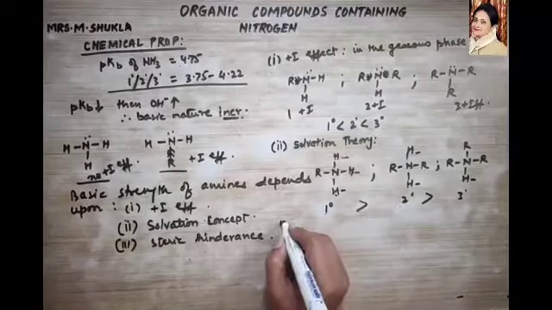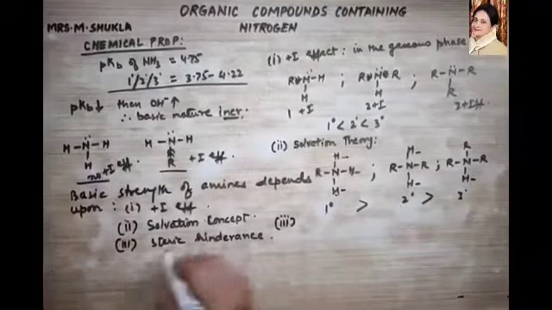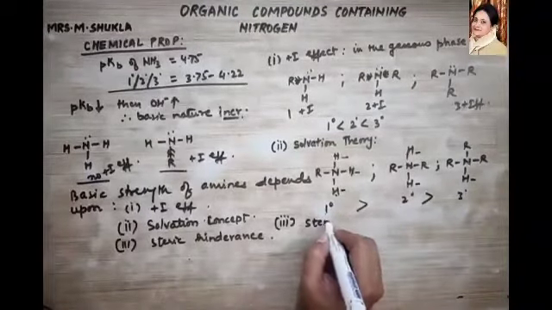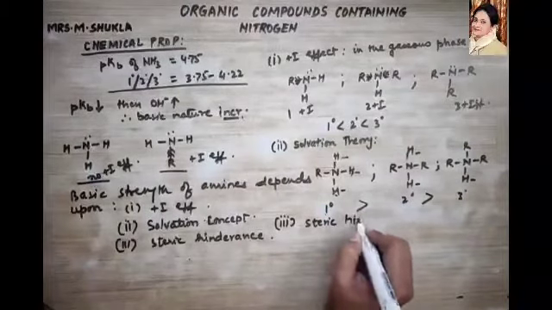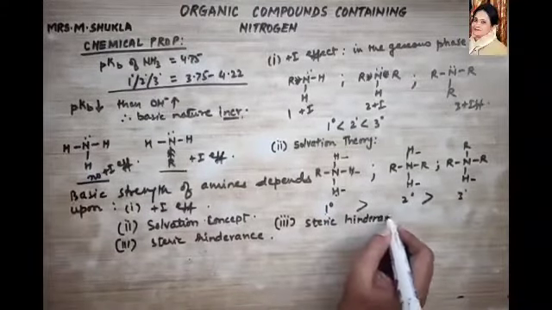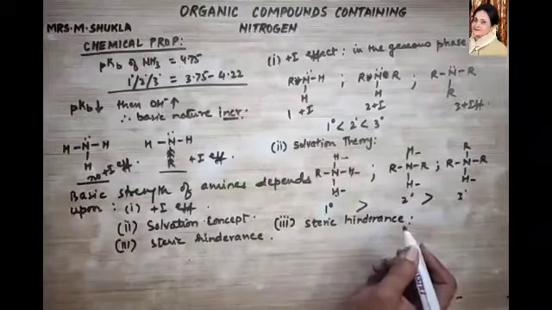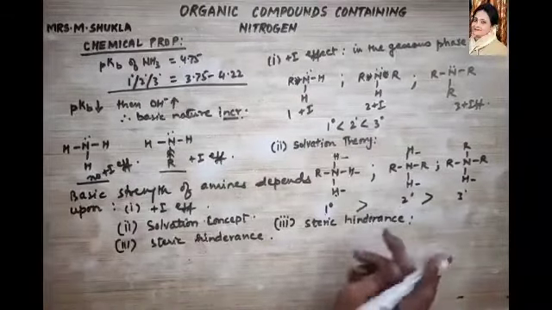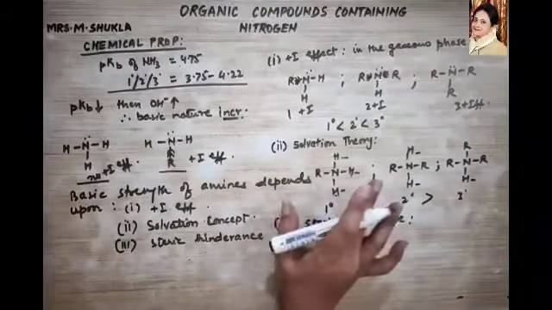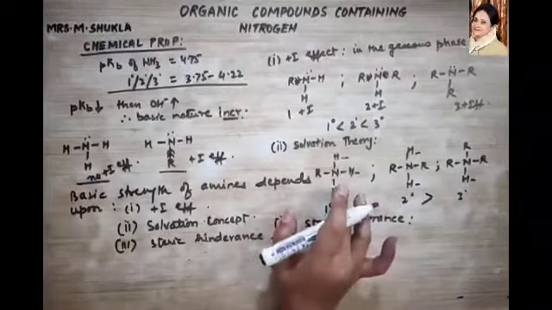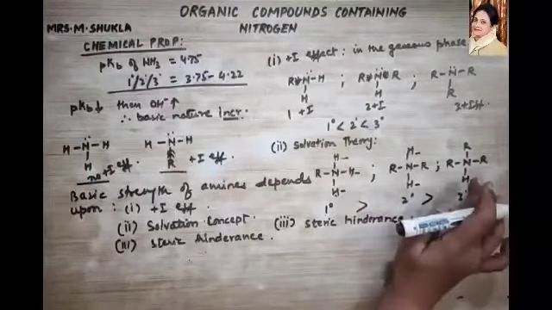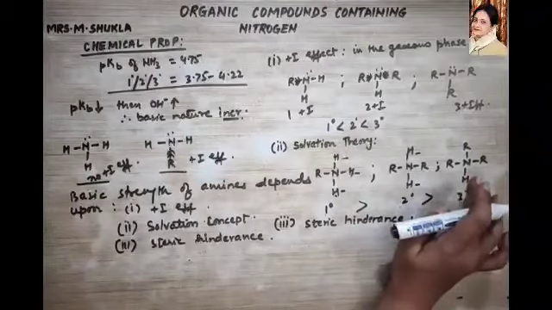Okay, next we come to the third theory. What is the third theory? Steric hindrance. Now, what do we know about steric hindrance? In the primary amine there is less steric hindrance, and in the tertiary amine there is more steric hindrance.